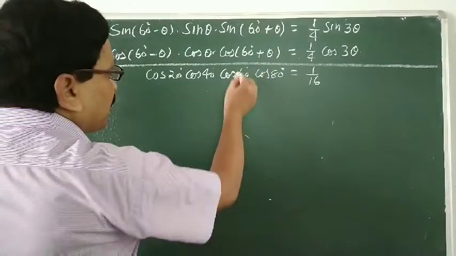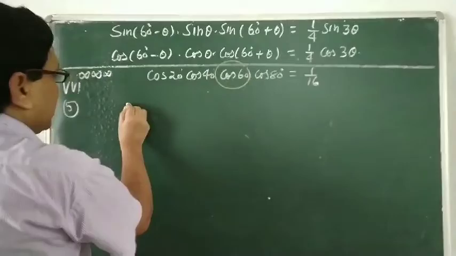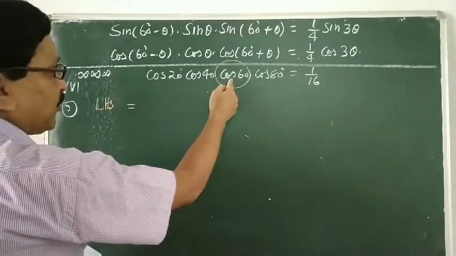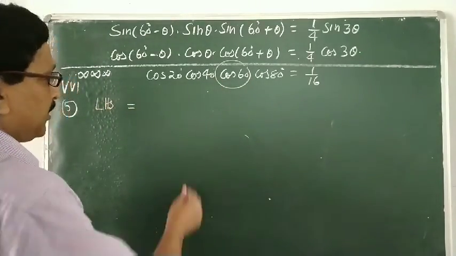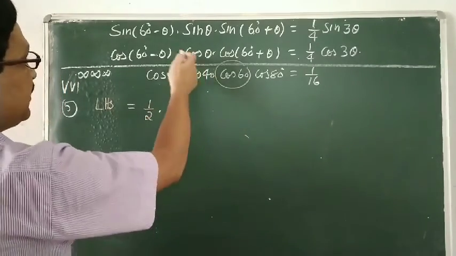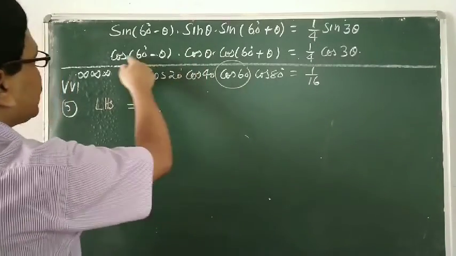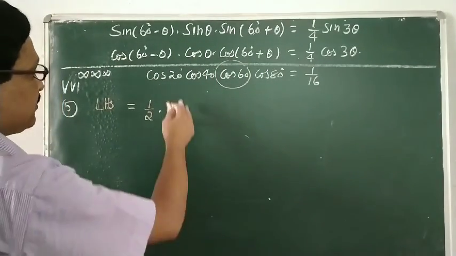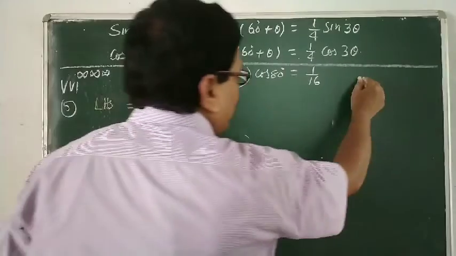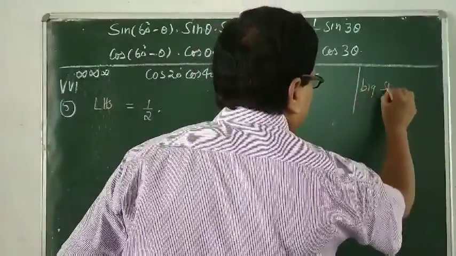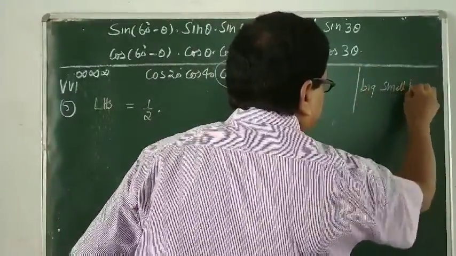Just you know, cos 60 degree is available to you. In the LHS, cos 60 degree is 1 by 2. Now you have to set these cosines according to this formula. How will it be set? This is the rule to set: big, small, bigger.